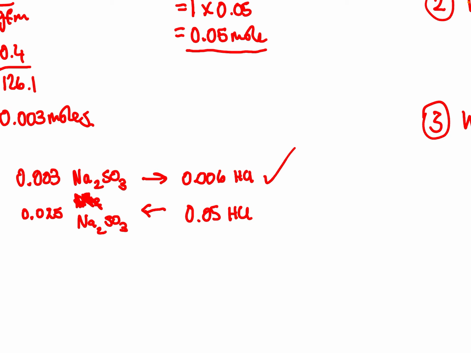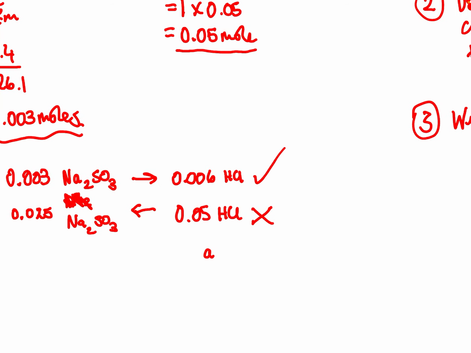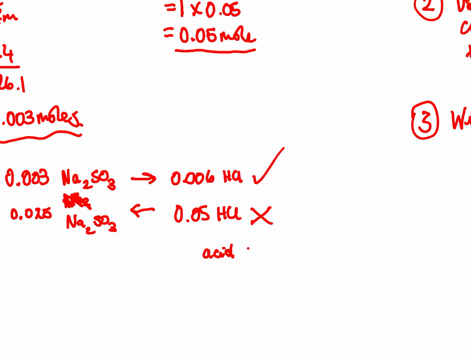Now that would not work because we only have 0.003. We would need a lot more. So that means this is the limiting reactant. So that's not going to work. So the acid is in excess. The Na2SO3 is the limiting reactant.